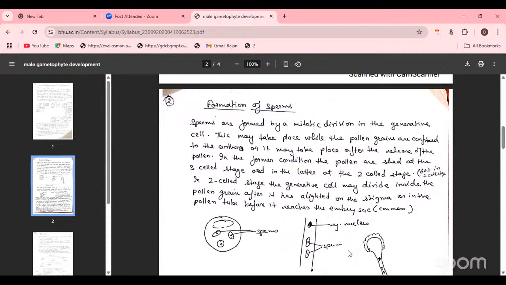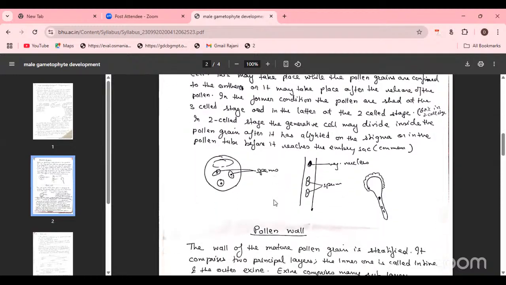In the two-celled stage, the generative cell may divide inside the pollen grain after it has alighted on the stigma, or in the pollen tube before it reaches the embryo sac.